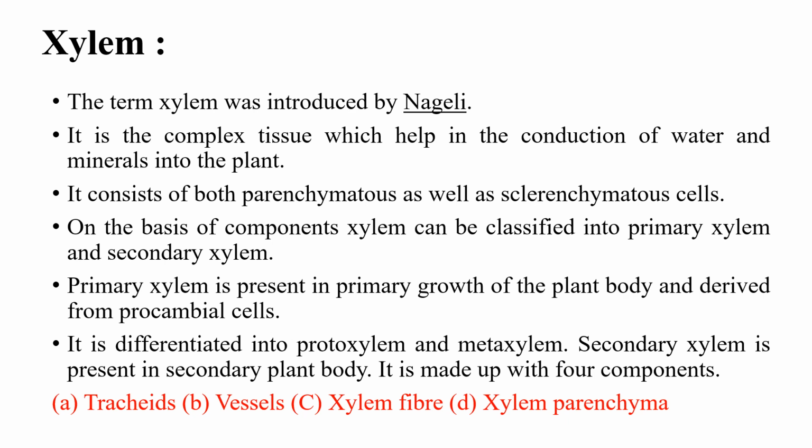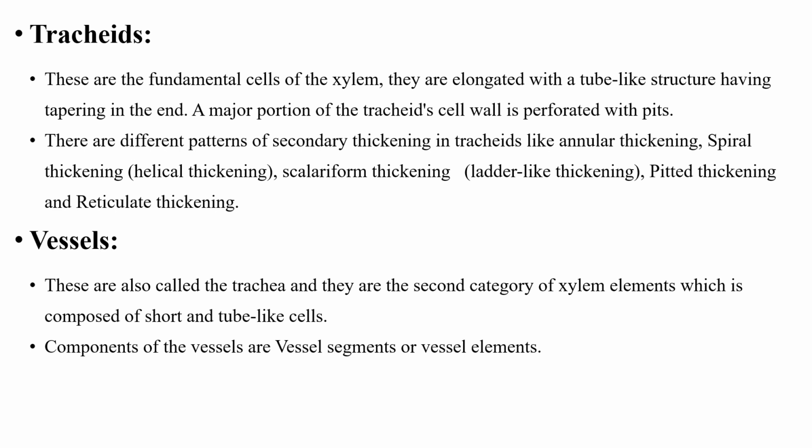It consists of both parenchymatous as well as sclerenchymatous cells, and we have already discussed that they have 4 components: tracheids, vessels, xylem parenchyma and xylem fiber. Tracheids, what are tracheids? They are the fundamental cells of xylem, elongated with a tube-like structure having tapering ends like this.